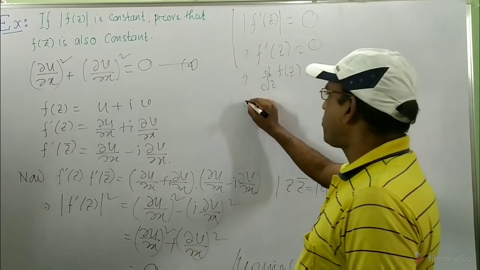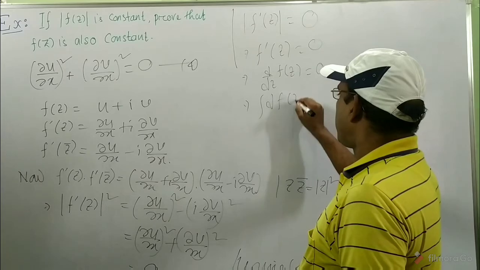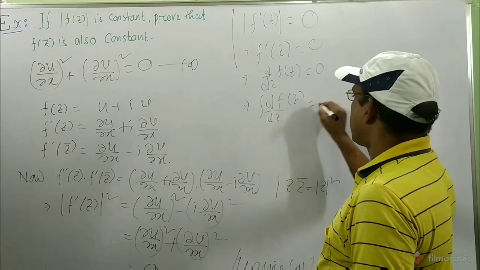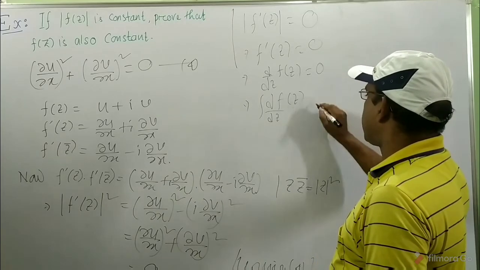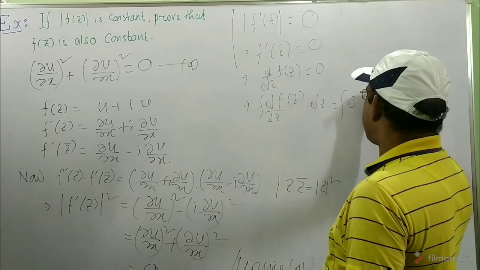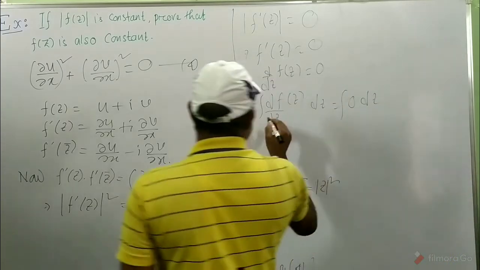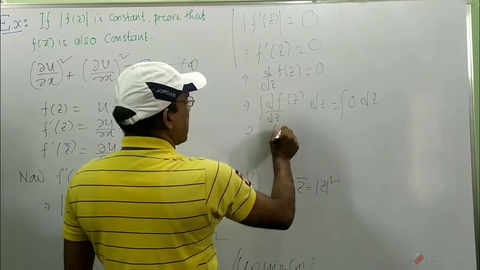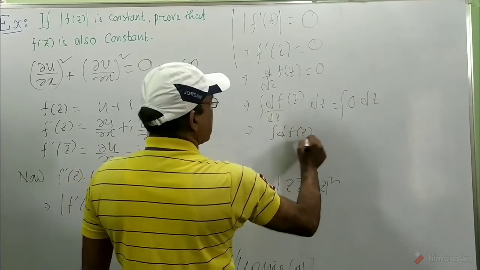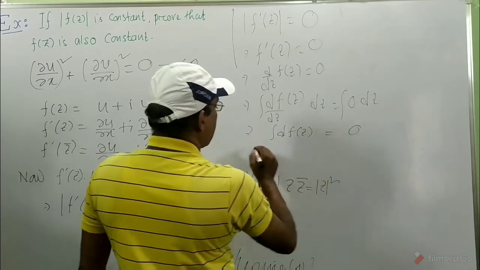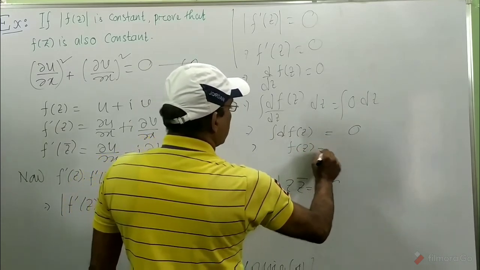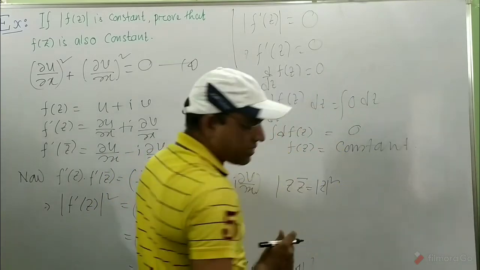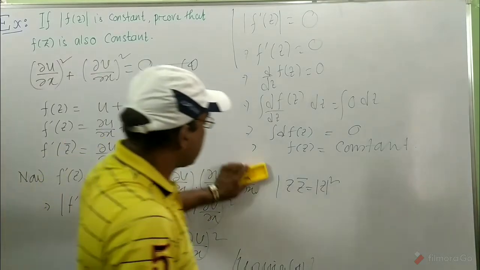So if we integrate with respect to z, this is 0 dz, so dz cancels. Integration of d f(z) equal to 0, and this is f(z) equal to constant. Now this is our proof.